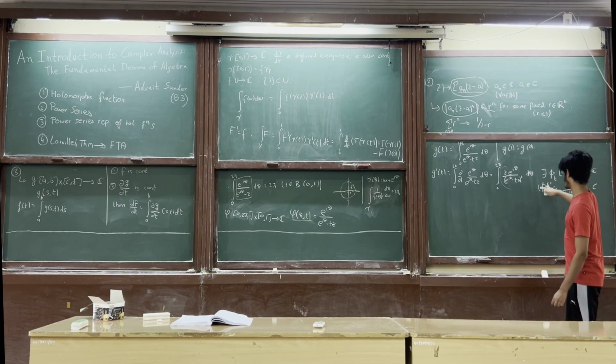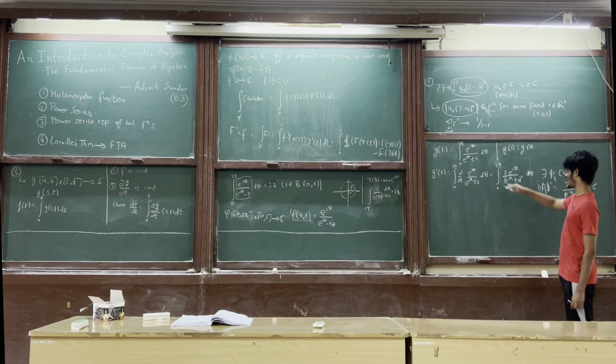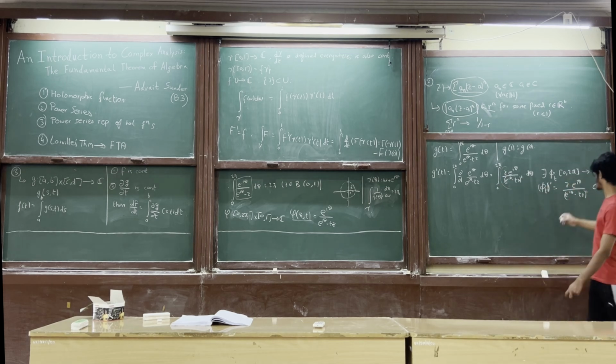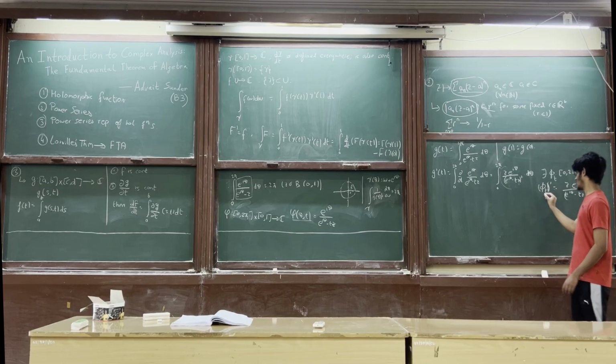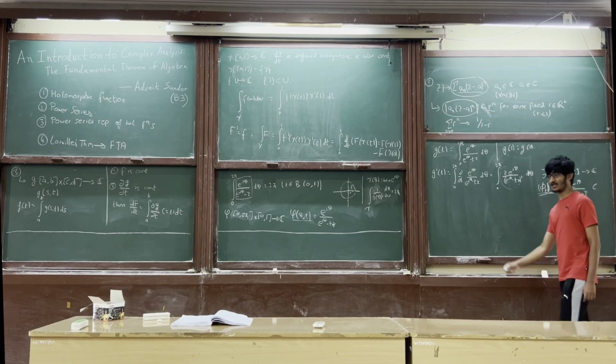We get phi t at 2 pi minus phi t at 0. But since theta is an angle variable over here, we see that phi t evaluated at 0 and phi t evaluated at 2 pi is the same. So we should get that the integral of this is 0. So now it just boils down to choosing what phi t is.